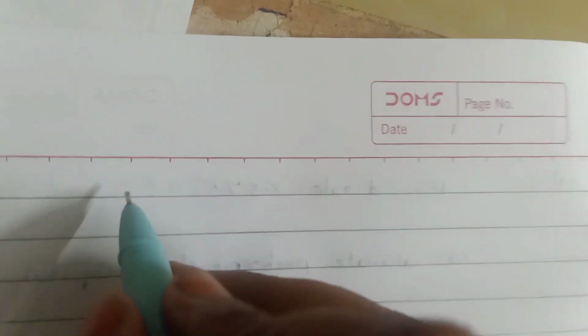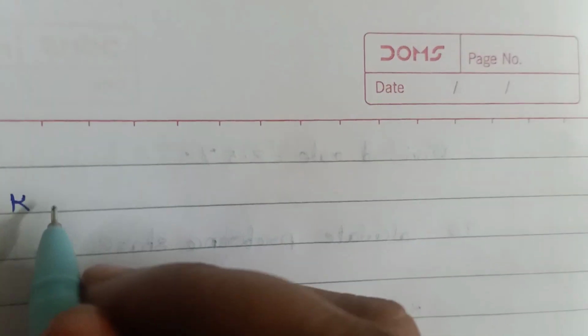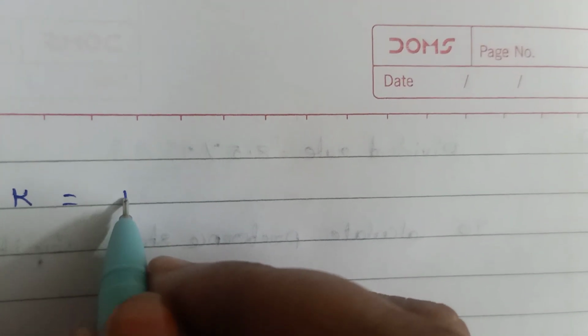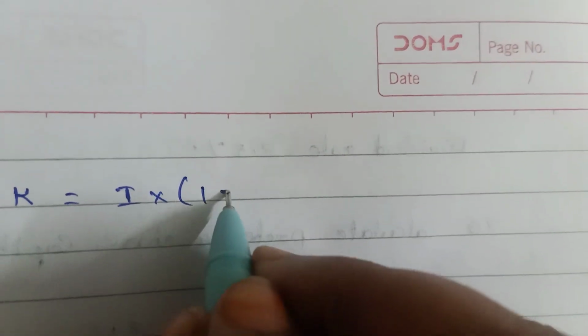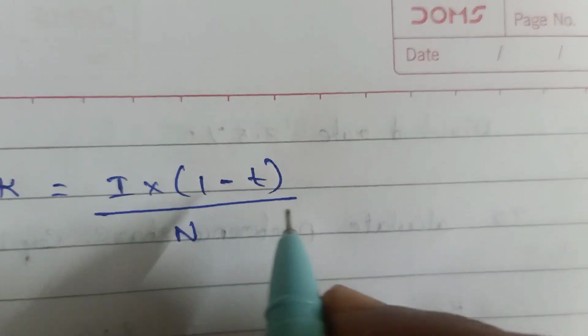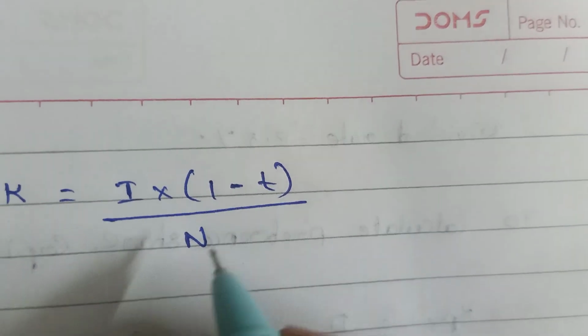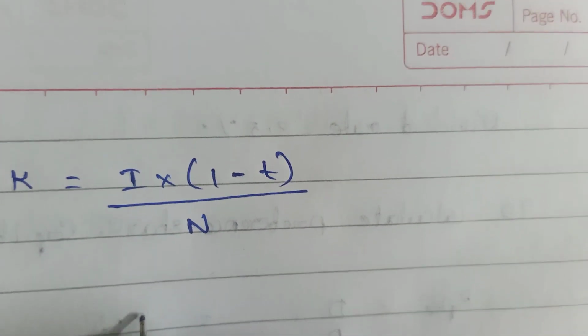The formula we use to calculate Kd is I into (1 minus T) divided by N, where I is the annual interest, T is the tax rate, and N is the net proceeds.